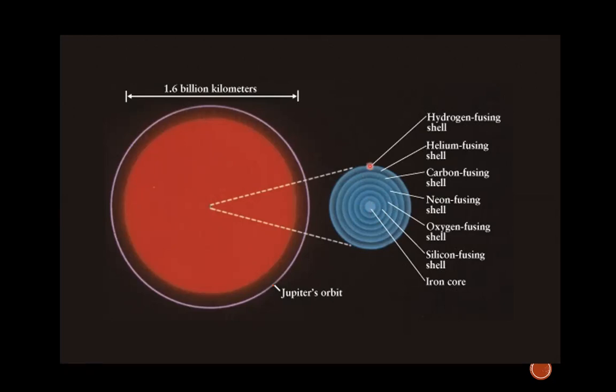So that is how the star looks at this particular stage, and this is very specific to high mass stars, right?